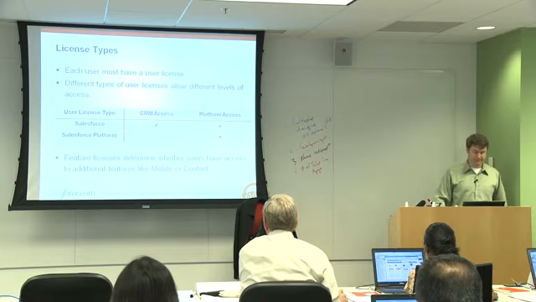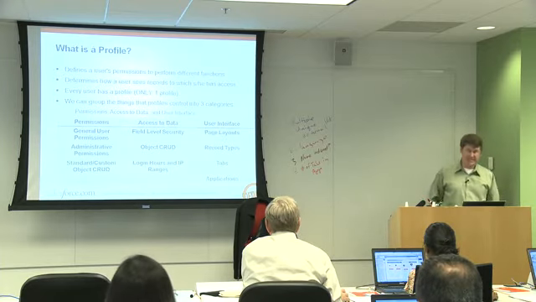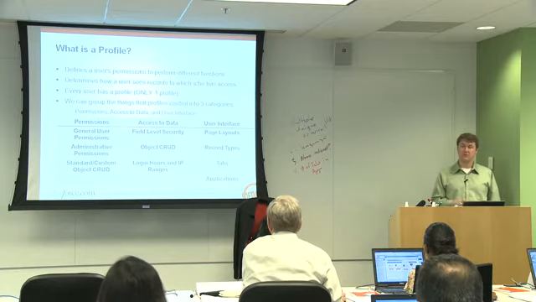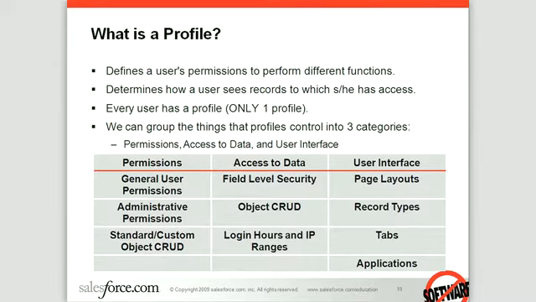All right. Okay, so profiles. In addition to license type, profiles determine a lot of things. Every user is going to have a profile associated with them in their user account.